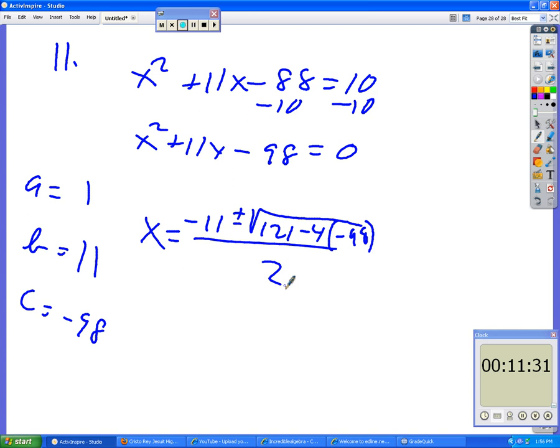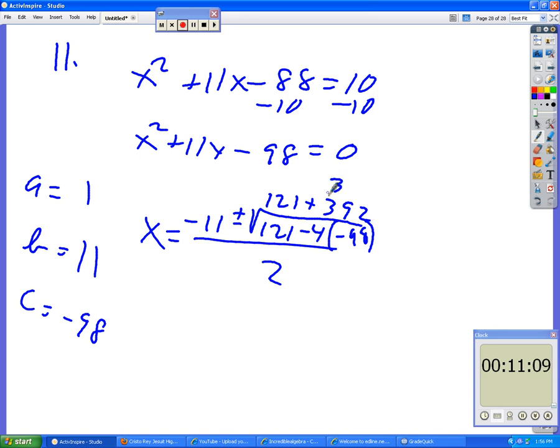I do a couple of simple things to shorten this a little bit, and then I go back and do inside. So this is 121, and it's negative times negative is positive, and 98 times 4 is 392. They're both positive, so I add them together.